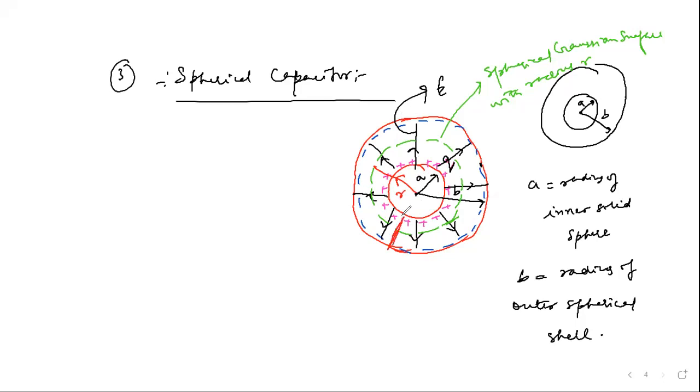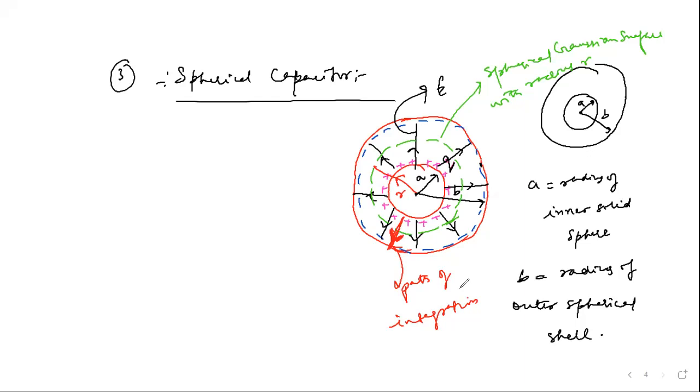And let us show the path of integration. We are moving from the positive plate to the negative plate. This is my path of integration, right? So this is the figure in cross section. We have an inner solid sphere of radius a, and an outer spherical shell of radius b. Then we charge the capacitor.